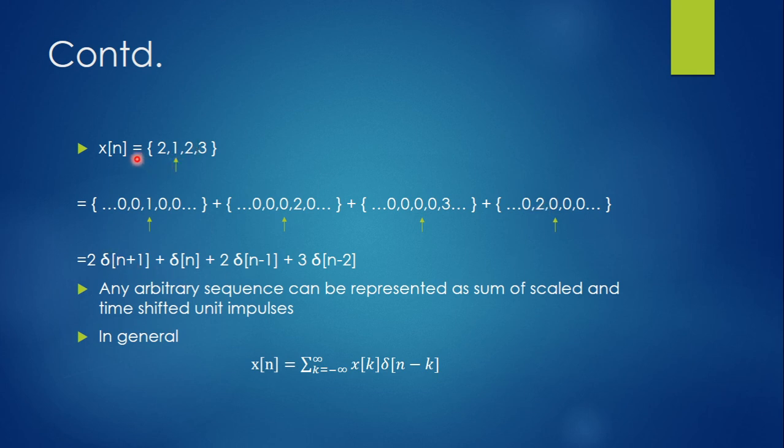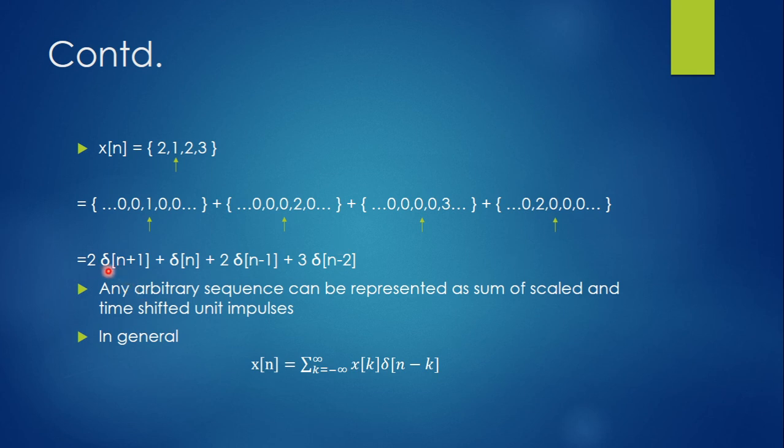So this signal xn, any arbitrary signal, is written in terms of what? Shifted and scaled delta n. Any sequence can be written in terms of unit impulse, scaled and shifted.